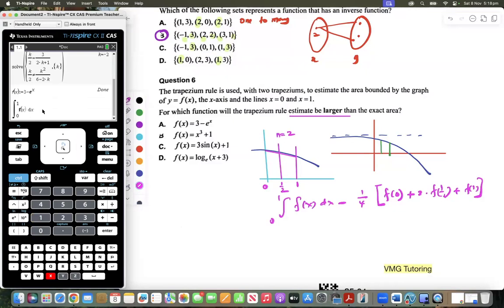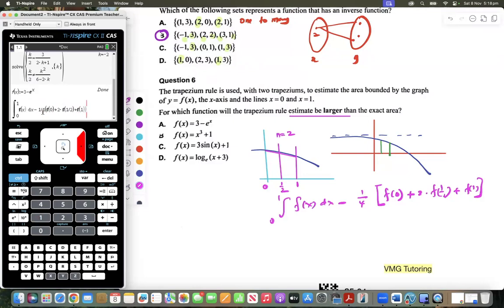And I'm going to subtract 1/4 of f(0) plus 2 times f(half) plus 1 times f(1).